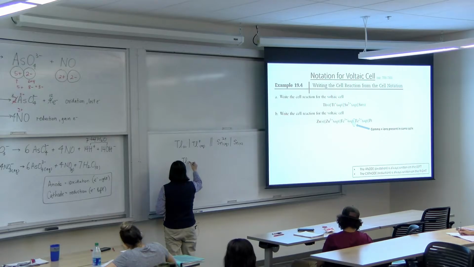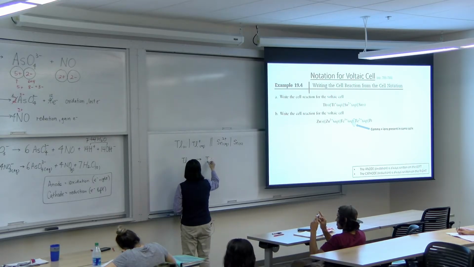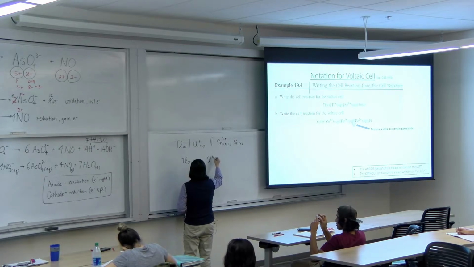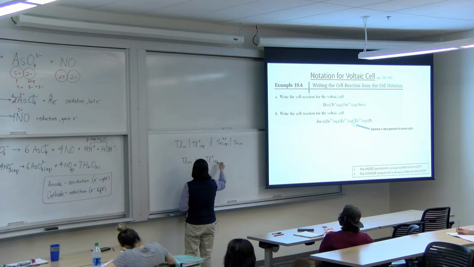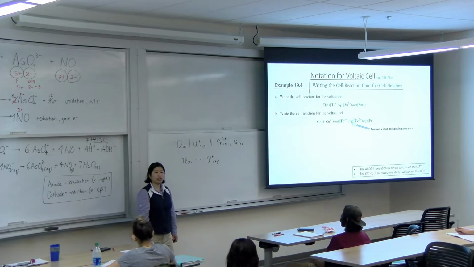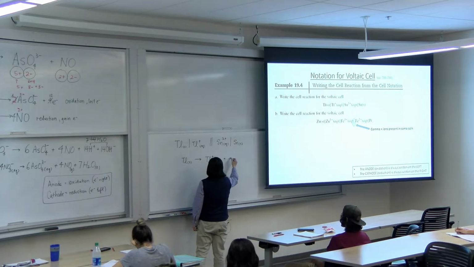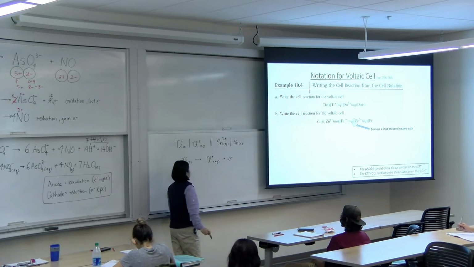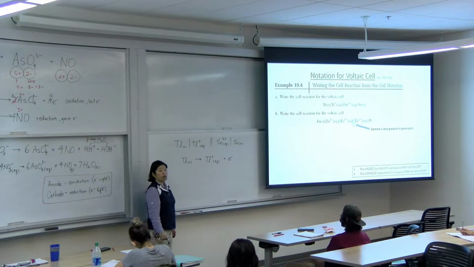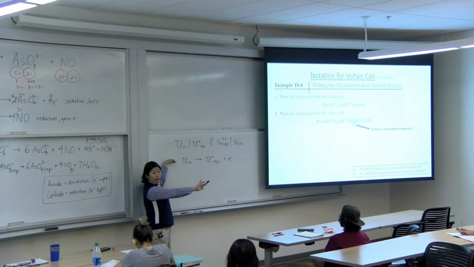Te solid becomes Te plus aqueous. It is an oxidation, so the electron should be on the right. Everyone with me? So I've taken this and written it out as a full half reaction.